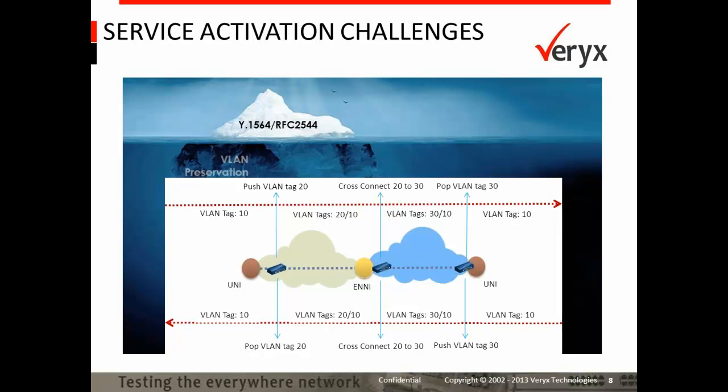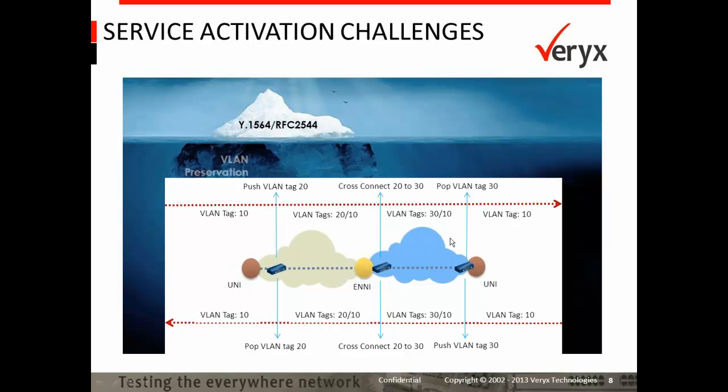Firstly, VLAN preservation. Let us now quickly see how the VLAN preservation issue is prone to happen. In this example, VLAN 10 is the customer VLAN that needs to be preserved end to end, that is between UNI and UNI. But as you can see, the service involves multiple operators.